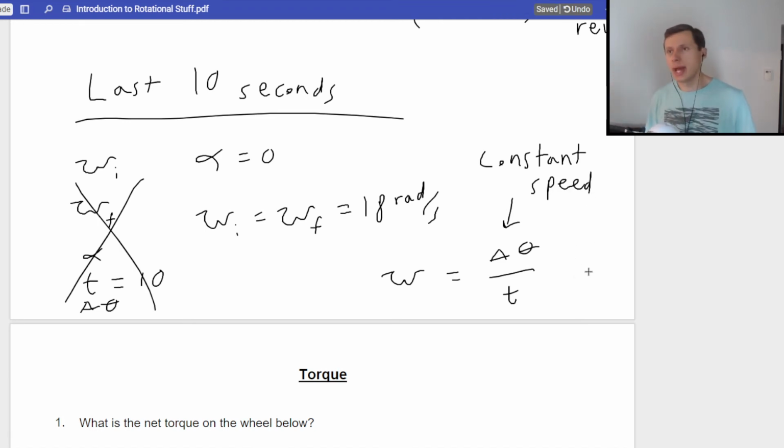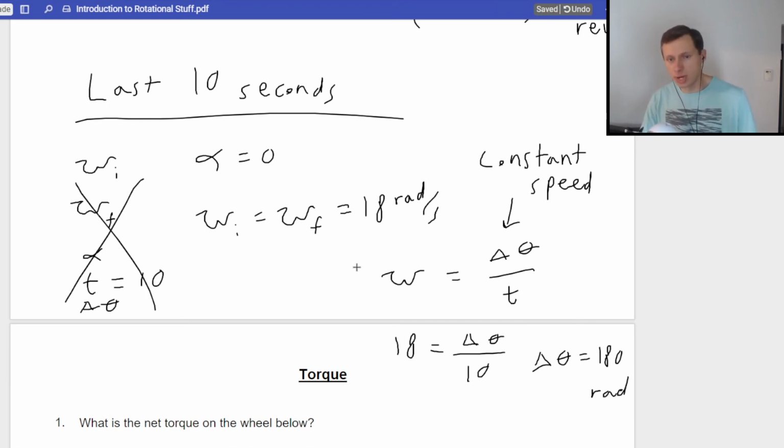And this was true back in kinematics when we were dealing with linear kinematics, and it's going to be true now as well. This happens, I don't know how often, but it's a good thing to know, definitely. We know omega, it's 18, delta theta is what we're solving for, and the time is 10. Very simple, delta theta is equal to 18 times 10, it's going to be 180, again, that's radians.